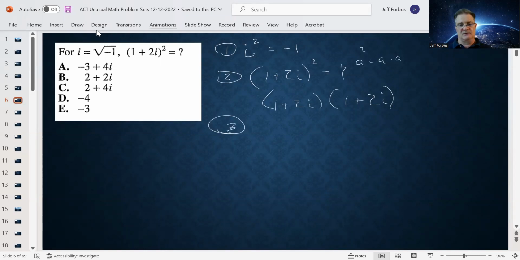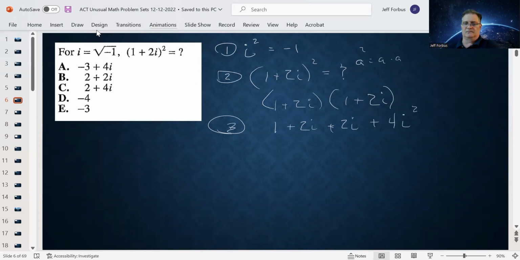So 1 times 1, 1. 1 times 2i is plus 2i. Now, 2i times 1 is plus 2i, or positive 2i. And then 2i times 2i is a positive 4i squared.